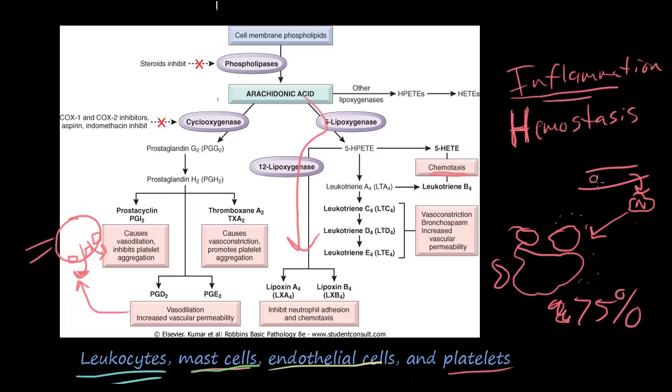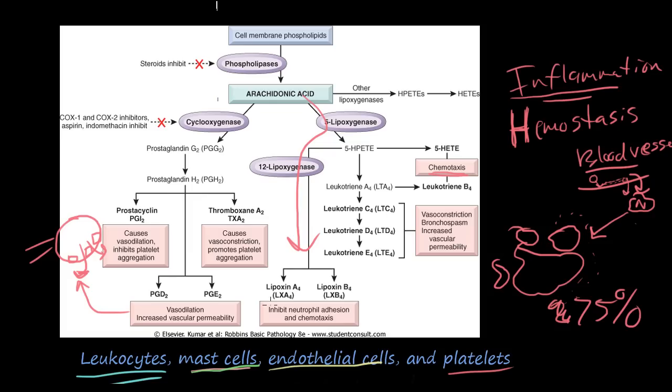Remember, we made a whole video on this, but these neutrophils will start rolling, it's called margination and rolling, and will stop and attach firmly, and then diapedese out of this endothelial cells, out of this blood vessel. This is a blood vessel.